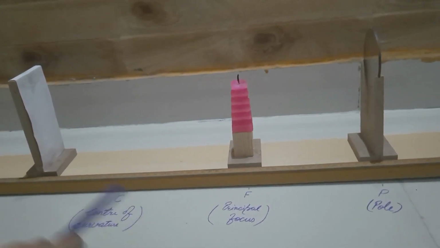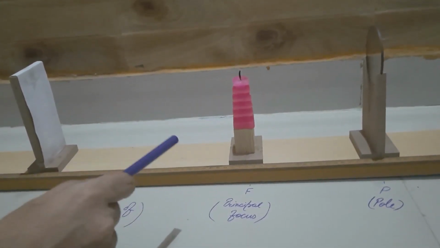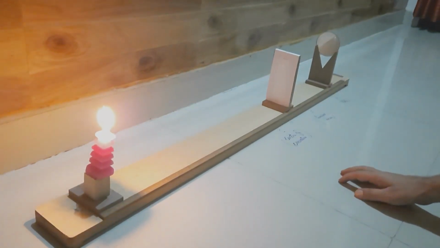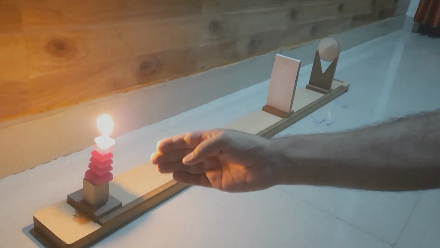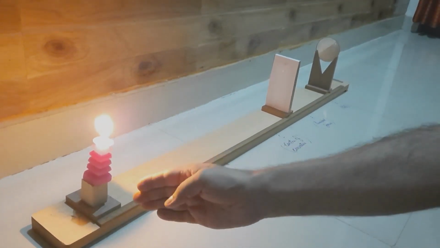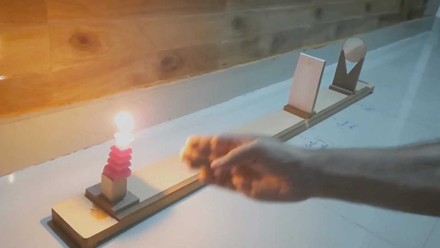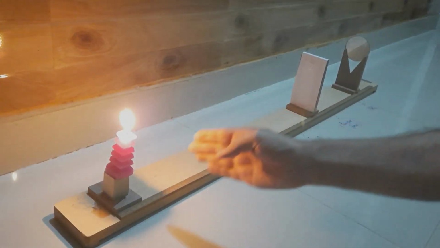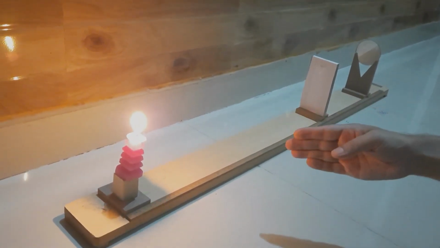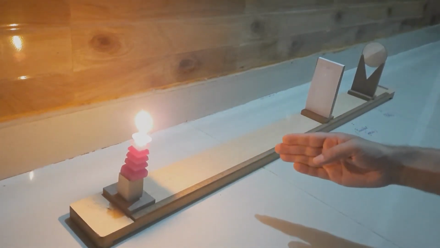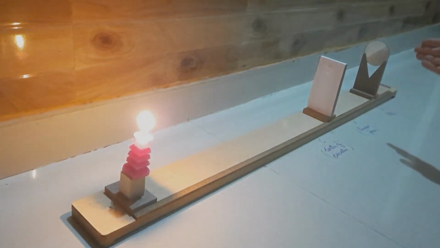First of all, we will place this object somewhere to understand it. I have placed this candle as an object at the starting of this scale. It is at a proper distance, more than 80 centimeter between this candle and the mirror.